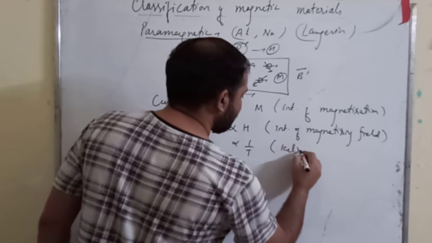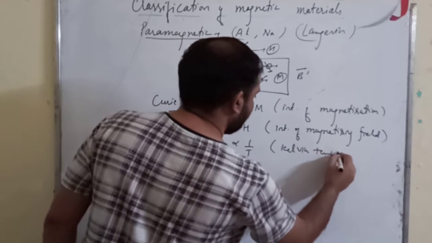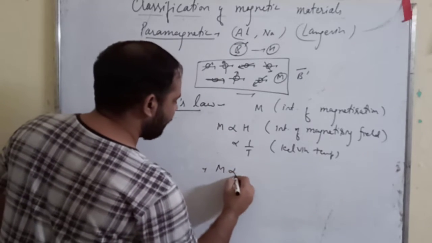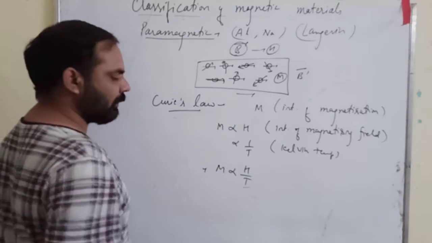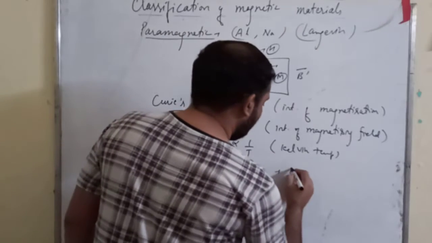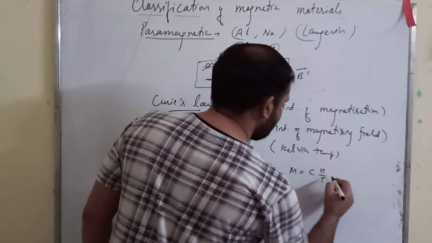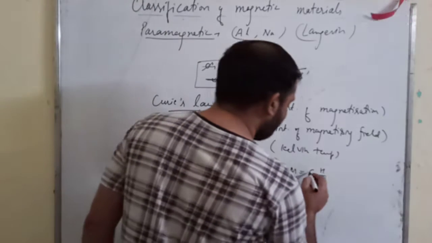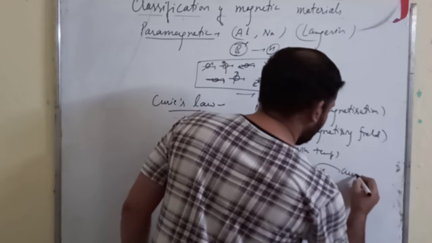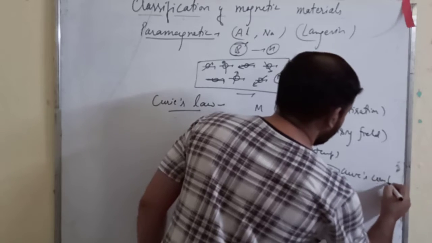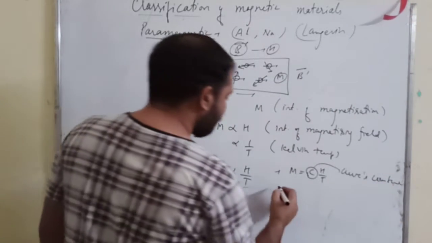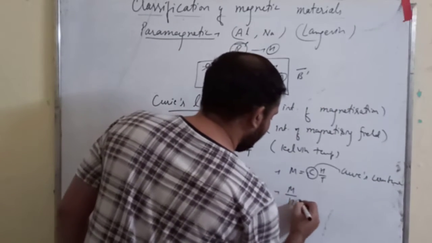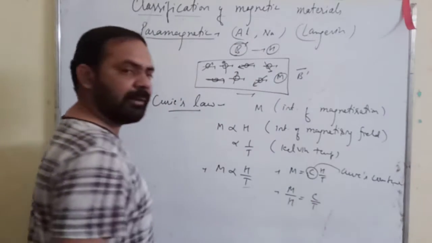Absolute temperature means Kelvin temperature. So M is proportional to H upon T, or M is equal to CH upon T, where C is called Curie's constant. So from here, M upon H is equal to C upon T.